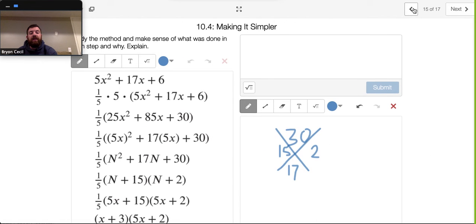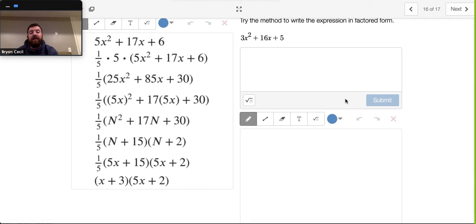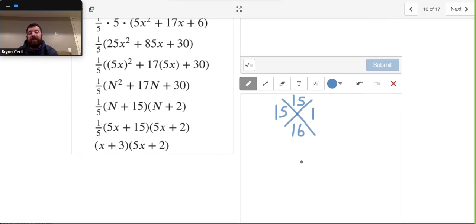It says to try your hand at 3x squared plus 16x plus 5. But again, guys, I know that this isn't the right way to do it. It's teaching this, but just take 15, AC over B, 15 and 1. Those are going to multiply to 15, and they're going to add together to give me 16.